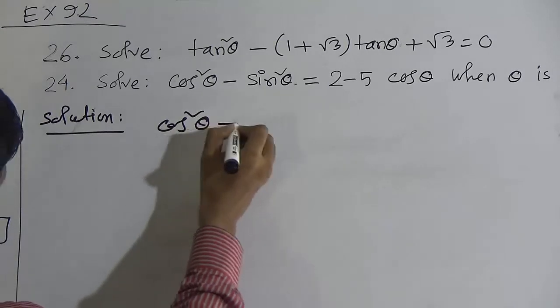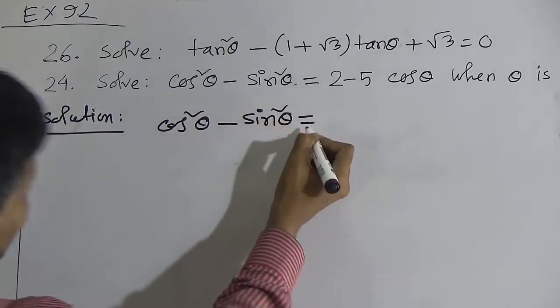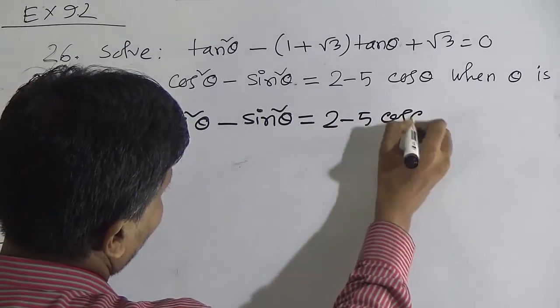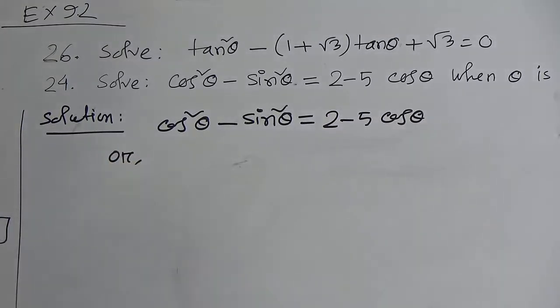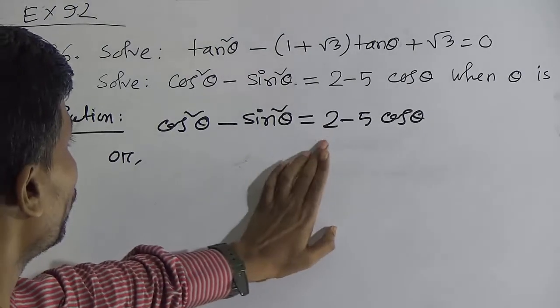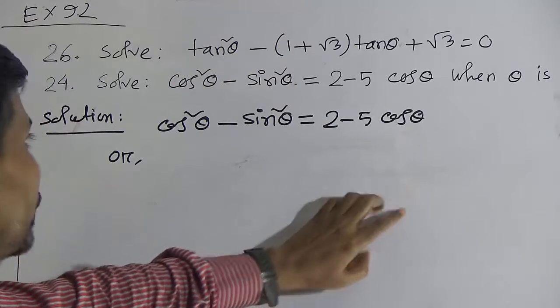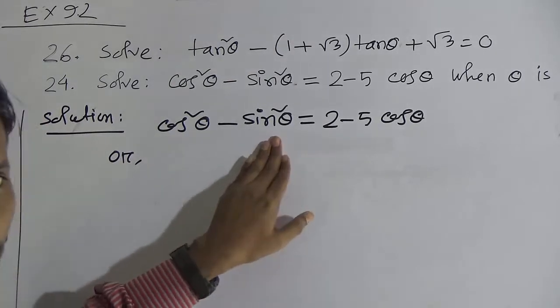Cos square theta minus sin square theta, this equal to 2 minus 5 cos theta. Look, this is cos square theta minus sin square theta equal to 2 minus 5 cos theta. You see, this is cos theta and this is also cos square theta, but sin square theta, this is different.